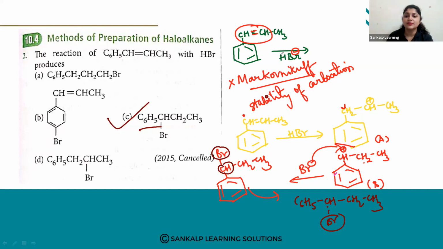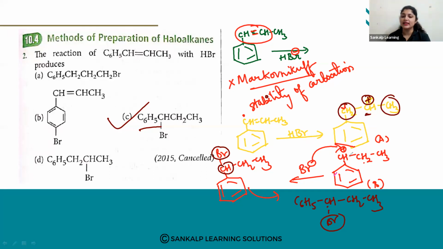First the proton will attack each carbon across the double bond. Based on the stability, in the first case you can see that the carbon with the positive charge is attached to two alkyl groups, so this cannot be more stable.